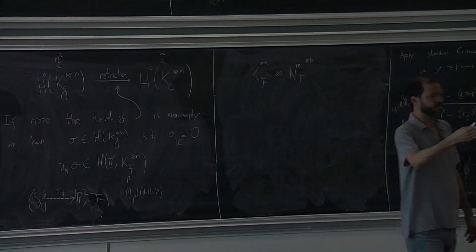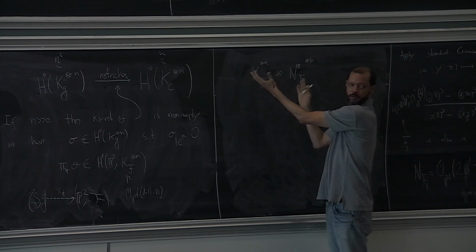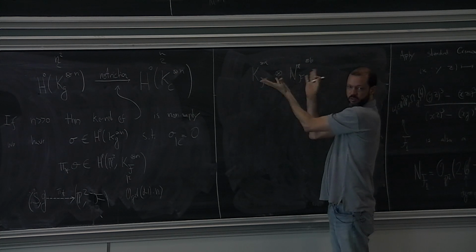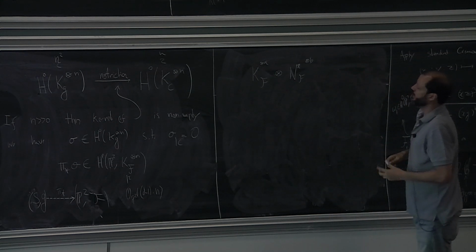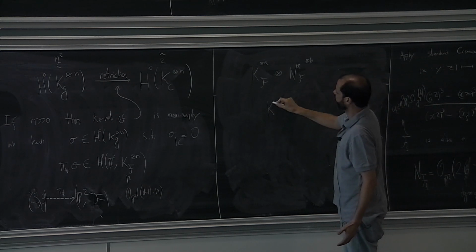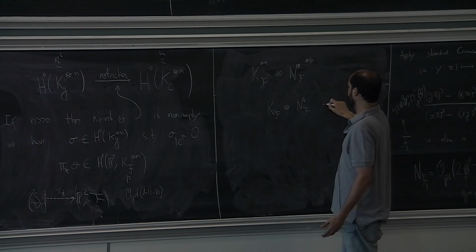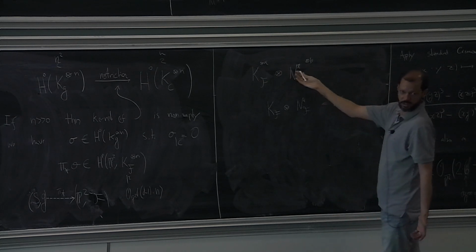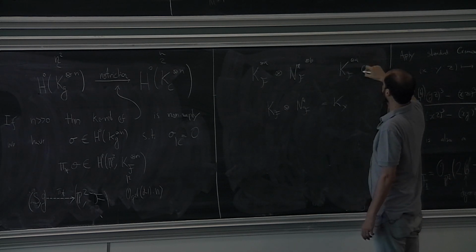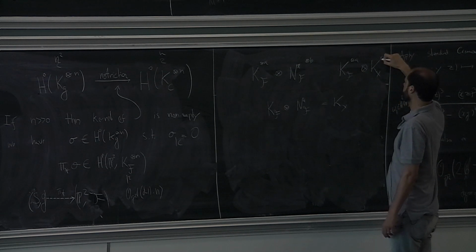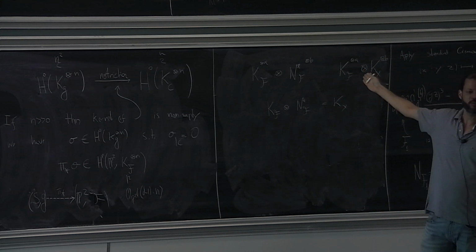In the same way that Enrique showed you that the H0 of powers of Kf is a birational invariant, H0 of these combinations are birational invariants. And since we know that Kf tensor N star f is just Kx, looking at this kind of combination is the same thing as looking at this one. And for this problem there is technology.